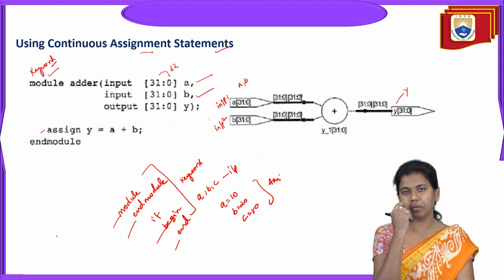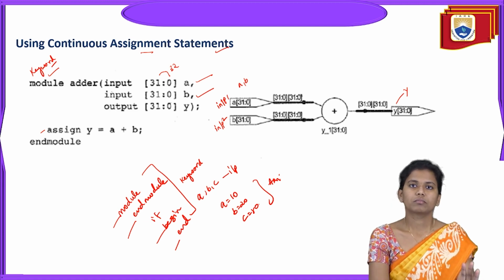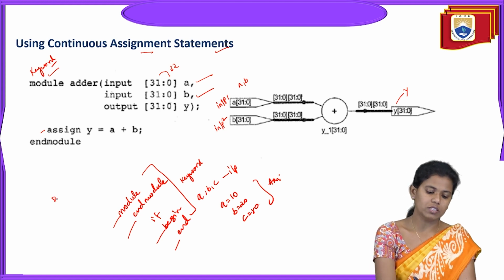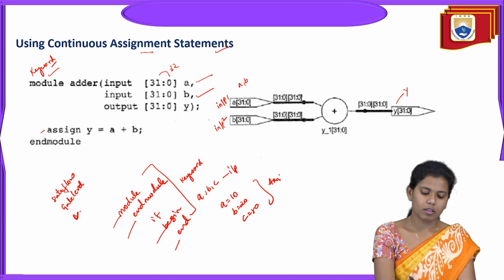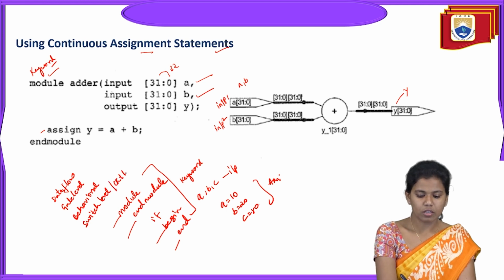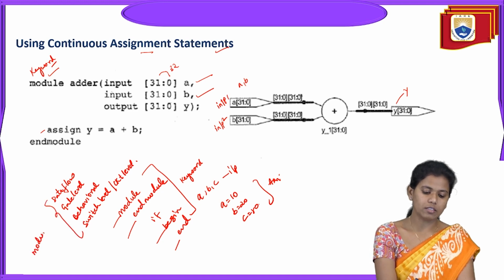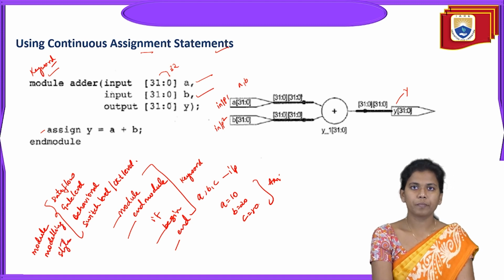We have discussed that in Verilog there are 4 types of modeling styles: data flow, gate level modeling, behavioral, and switch level or circuit level.